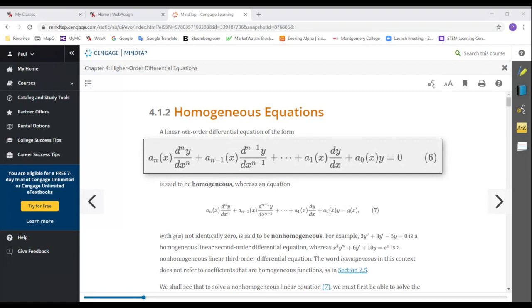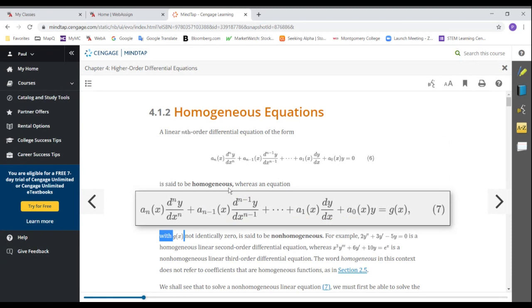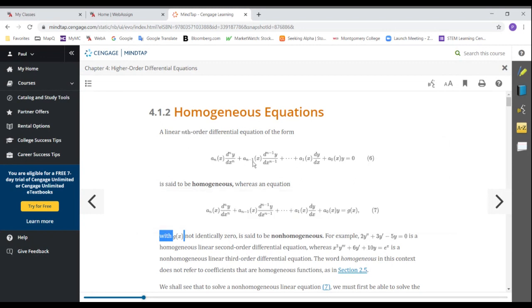Let me see if I can highlight the differential equation below. I guess this differential equation is non-homogeneous. So what's the difference between these two linear differential equations in 6 and 7?